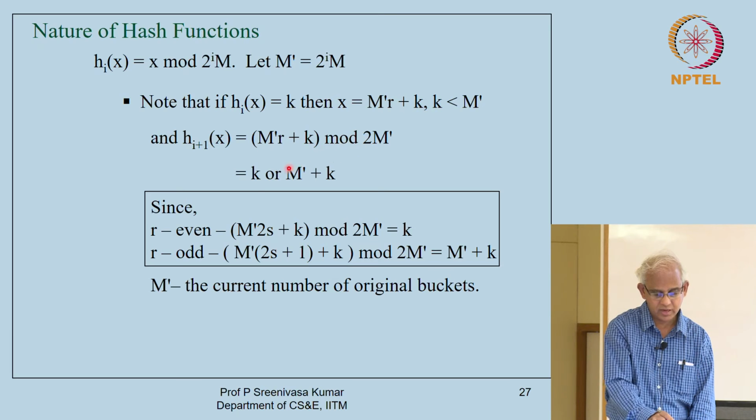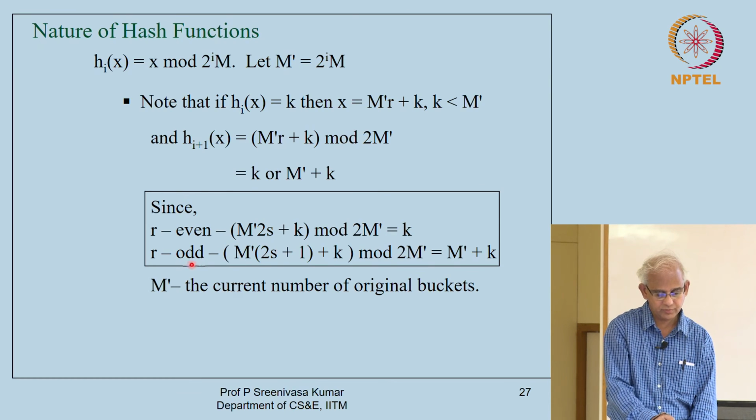So now consider that: this will actually be either k or m′ + k. How? You can show that here. If you focus on this r, there are two cases: r is even or r is odd. If r is even, then it will be (m′·2s + k) mod 2m′, in which case this is divisible by 2m′, and so it will become k.